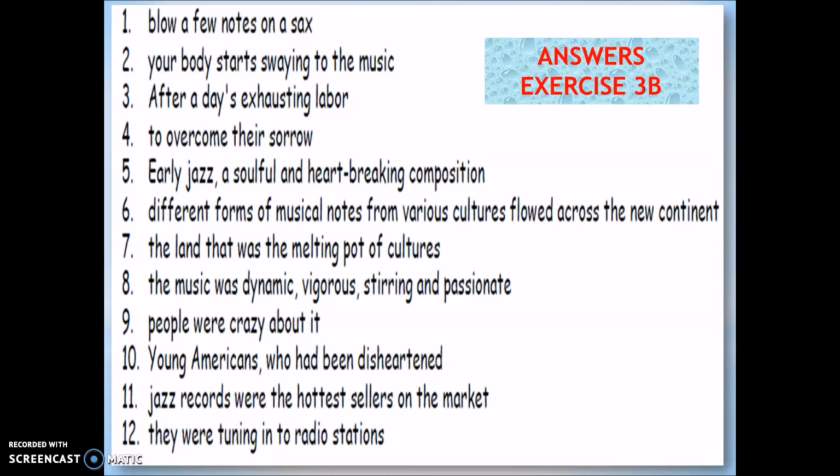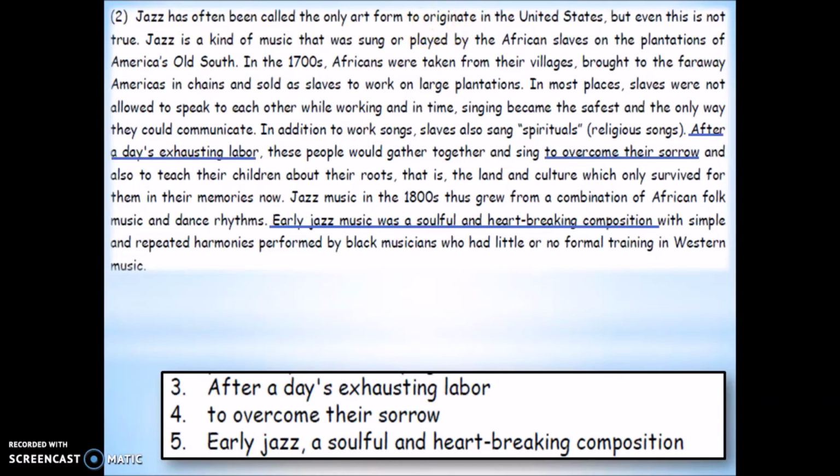Alright, here are the answers for exercise 3B. As I told you, learning synonyms or words that have a closer meaning to other words is really important, because in order to give the same message, sometimes we might want you to give the same message with different words.